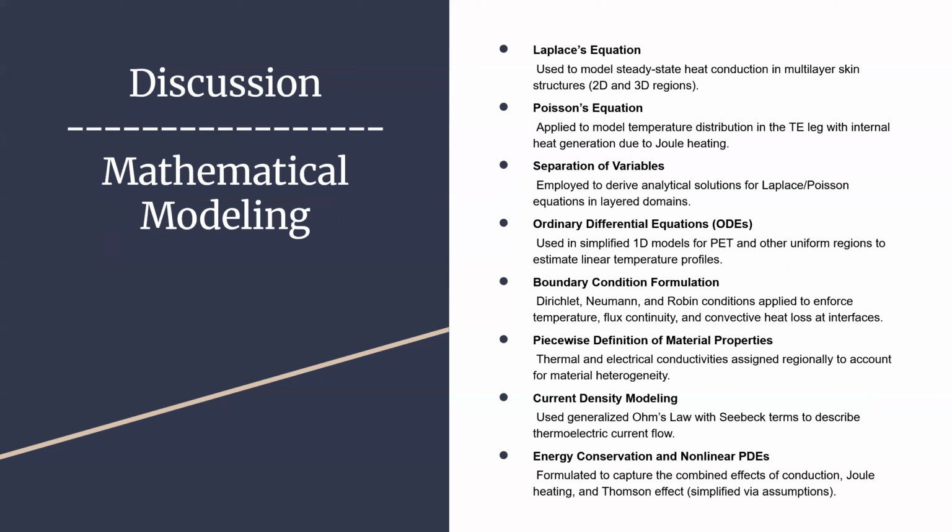We used Poisson's equations with the TE legs, internal heat generation, separation of variables, ordinary differential equations used in 1D models for the PETs, boundary condition formulas in order to effectively model temperature, flux continuity, and convection heat loss, piecewise definitions of material properties, current density modeling, and energy conservation and nonlinear PDEs.